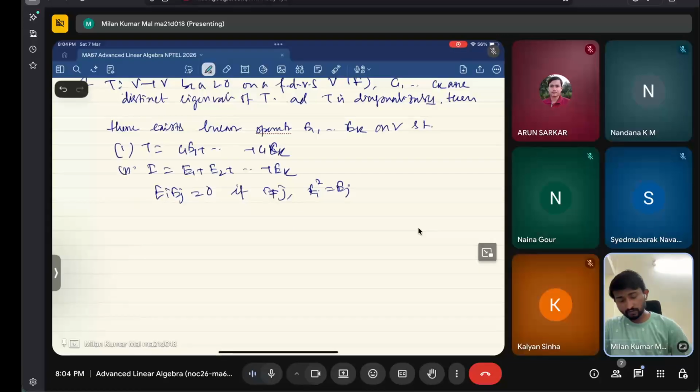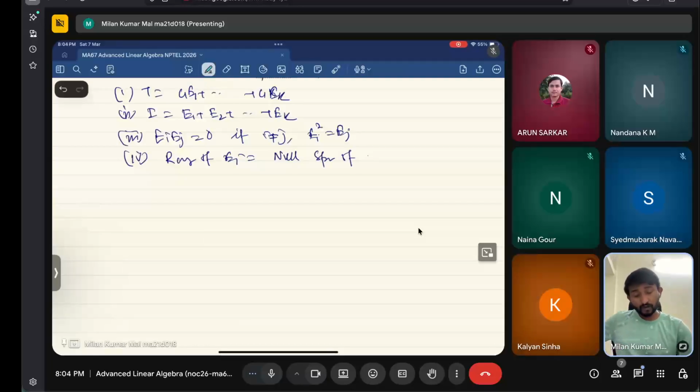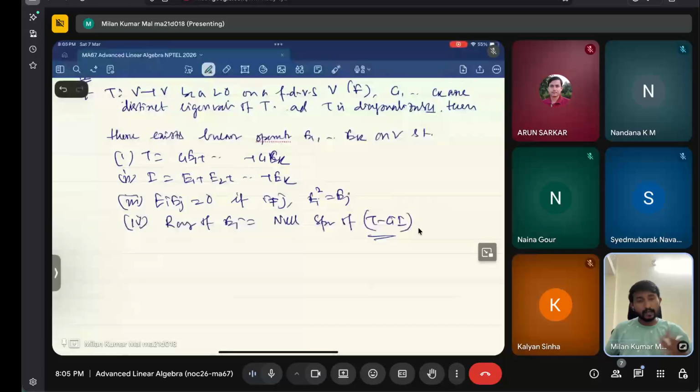This is 1, this is 2, this is 3, and the third is that the range of Ei is equal to the null space of T minus ci.